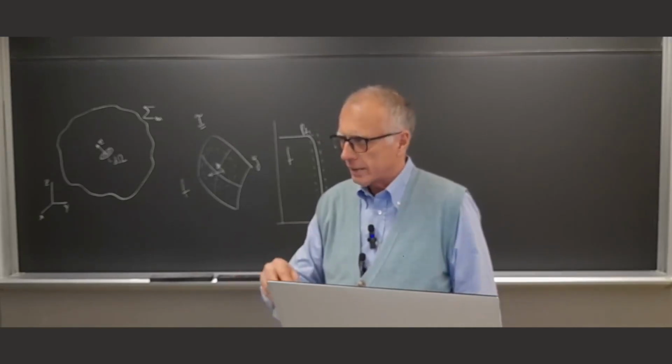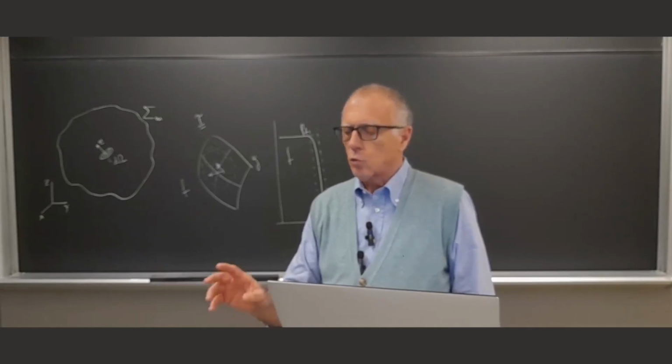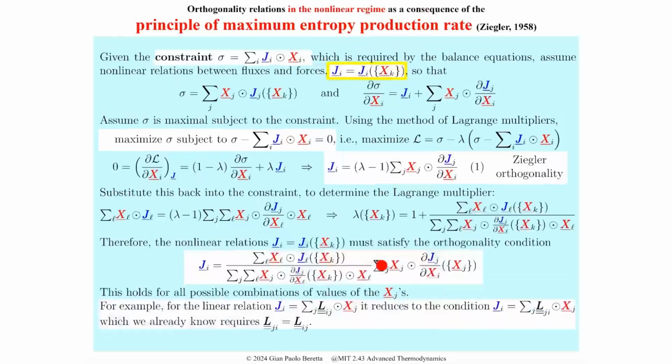So he wanted to extend Onsager reciprocity to nonlinear regimes. And in fact, here is how you do it. Again, I'll just skip the details, but just to give you a flavor. All it takes is to, instead of assuming, like we did in the previous slide, a linear relation between forces and fluxes, we assume a generic relation, J. And still apply the principle of maximum entropy production.